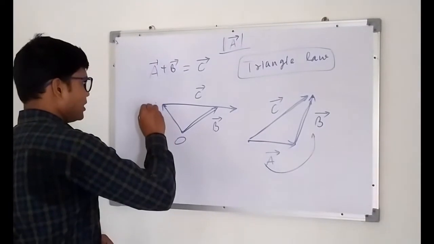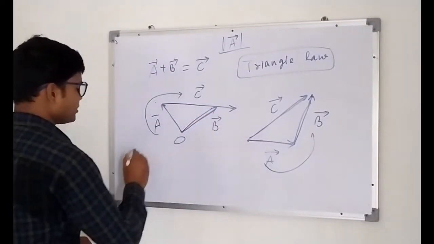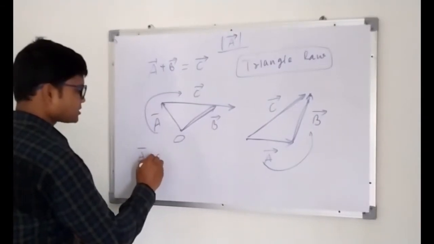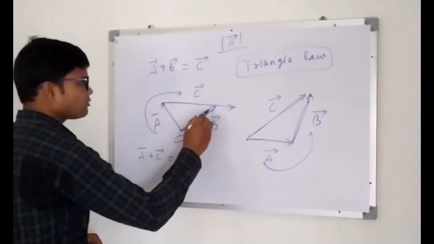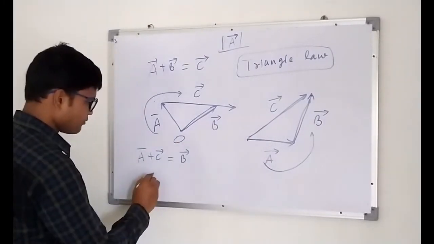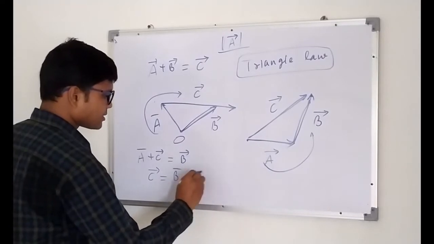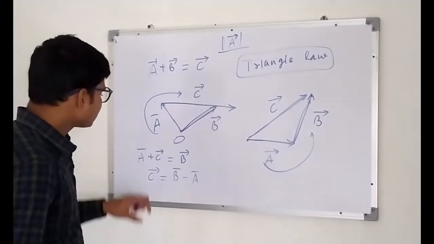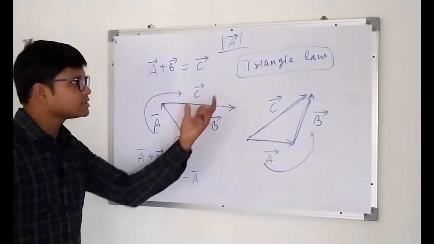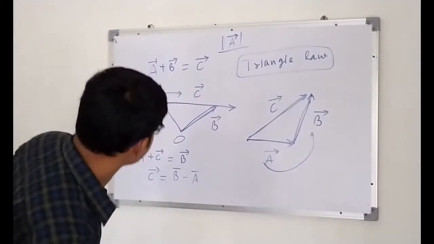If I am going a to c, then it will become 0 to b. So a vector plus c vector always gets me from 0 to b. Therefore my c vector would be b vector minus a vector. This is how we can formulate the triangle law, which is pretty intuitive and amazing.